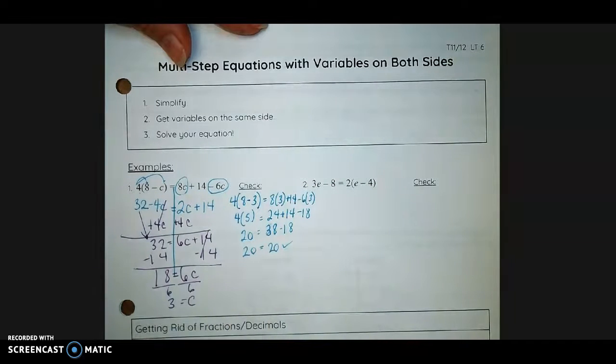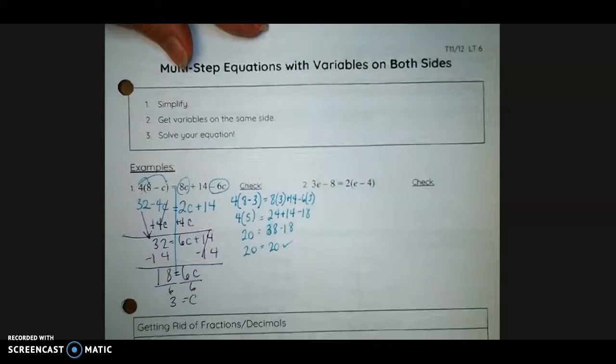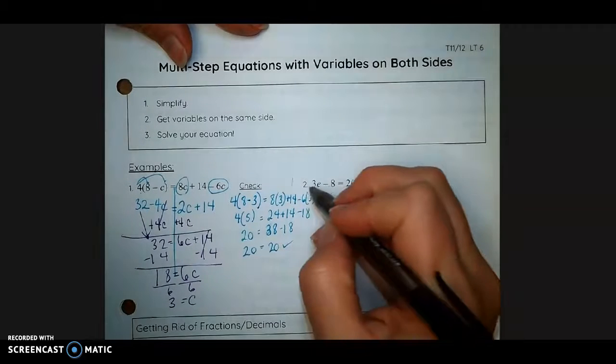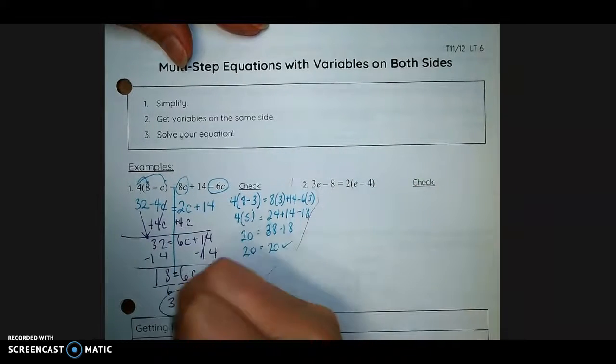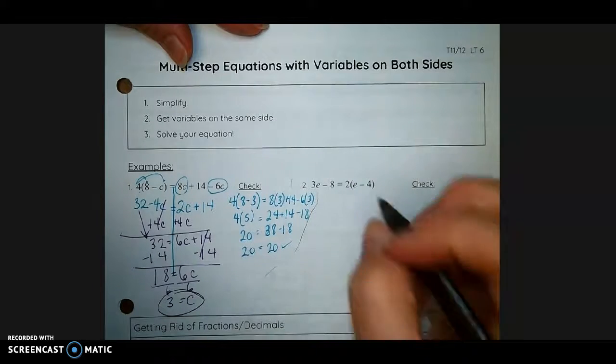And I get 20 minus 20, or 20 equals 20 rather. So I have done my due diligence there, checked, and I made sure that is indeed my answer.